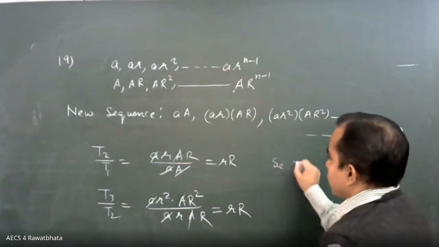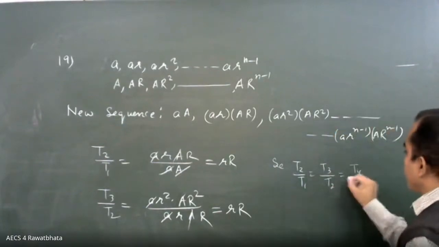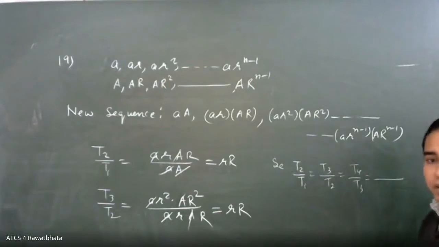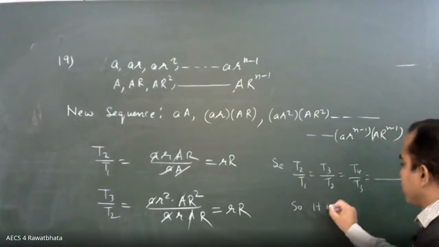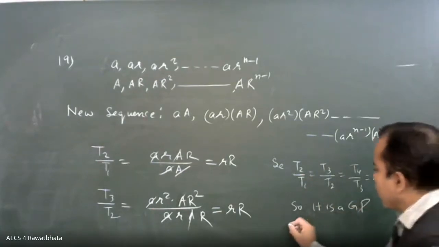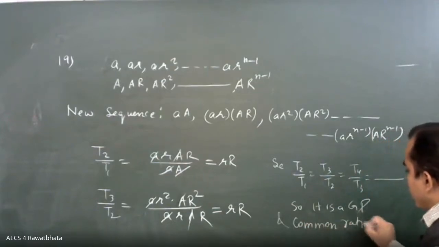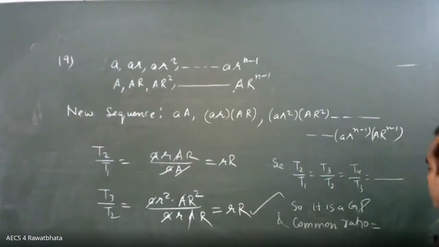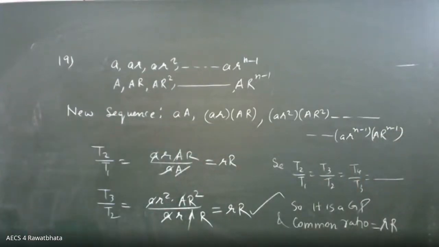So T2 upon T1 equals T3 upon T2 equals T4 upon T3, and so on, can be proved. So it is a GP, and the fixed ratio is r into capital R. Simple. So the same thing as the previous question, but in general two GPs are given and we proved it.